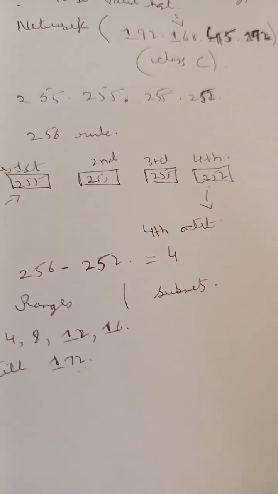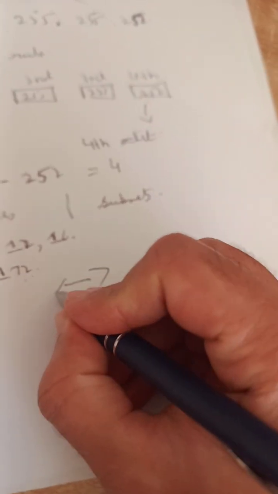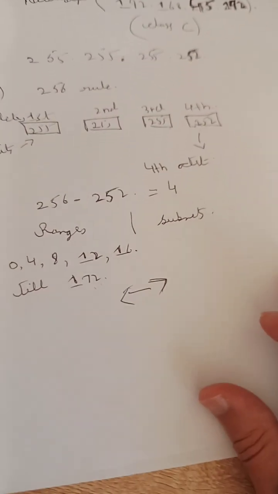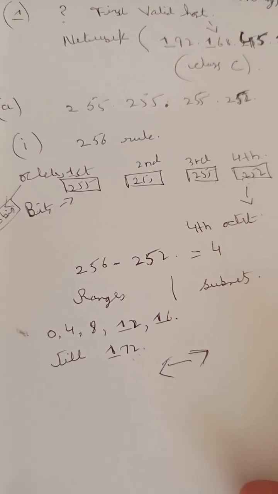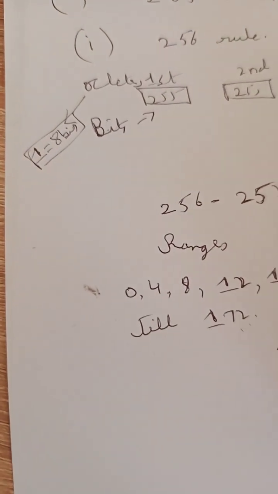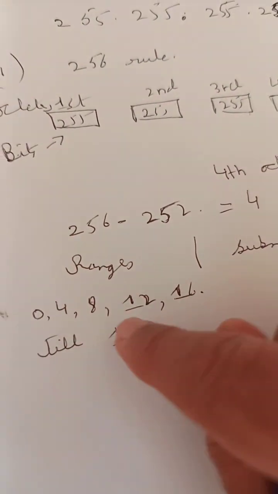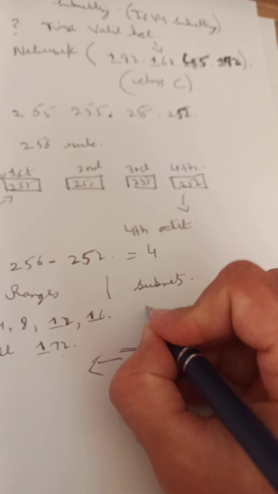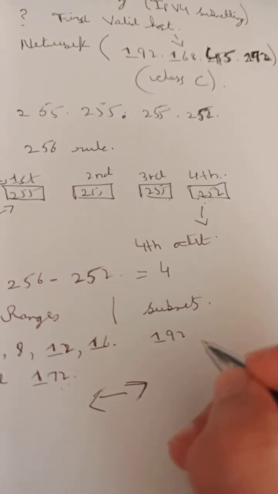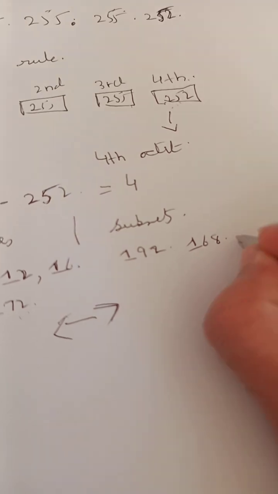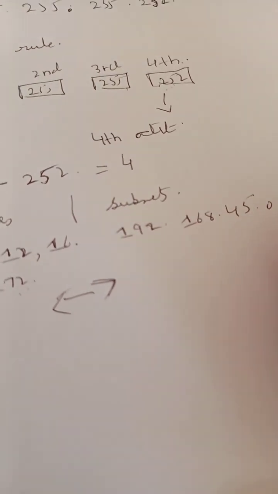So let's write this down. Obviously if someone doesn't know, just to let you know that these are your ranges on this side, the subnets go on that side. So how the subnet would react, it will be like this: 192.168.45.0.